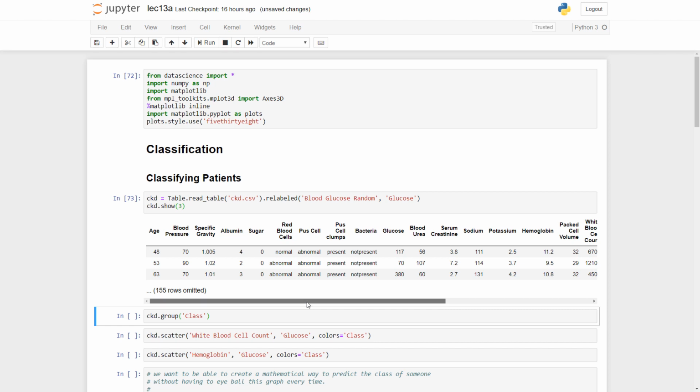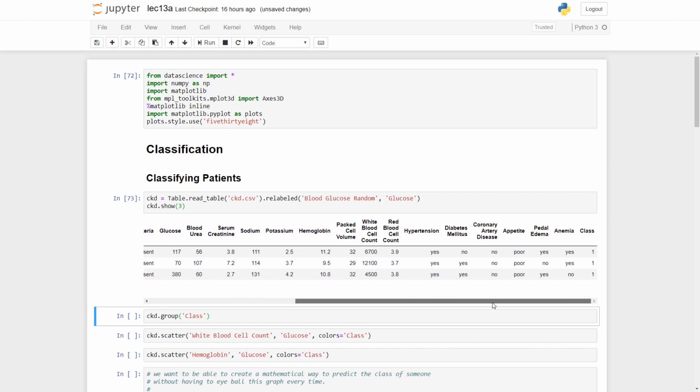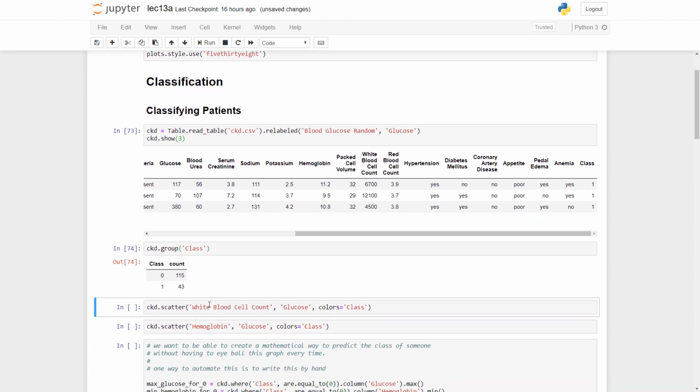And you will see at the end of the dataset the class column. If it's 1, that means that this patient is diagnosed with this kidney disease. If it's 0, then he or she is not diagnosed with this disease. If we go by the class, we'll find that this dataset has 115 patients who were not diagnosed with this disease and only 43 who were diagnosed with this disease.